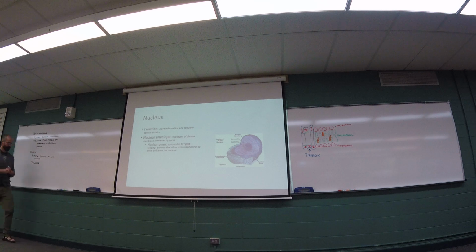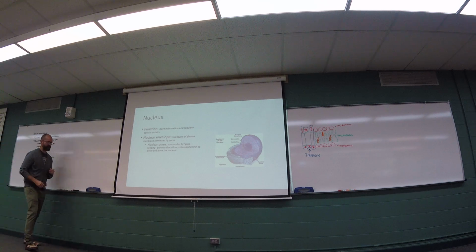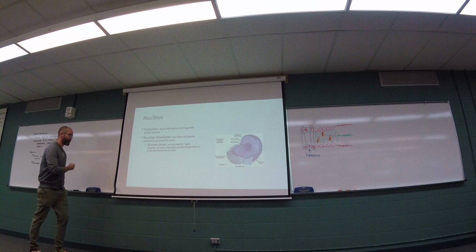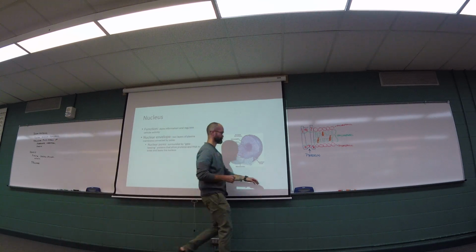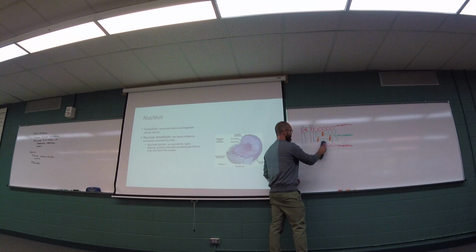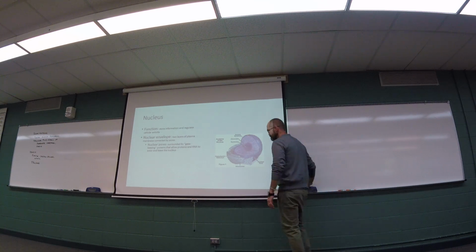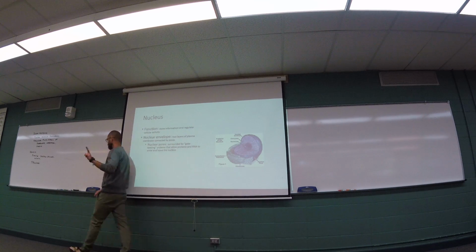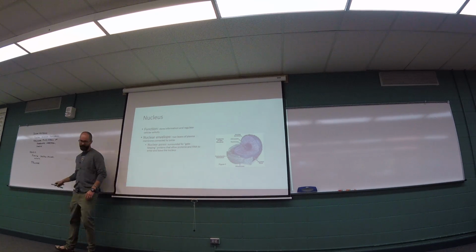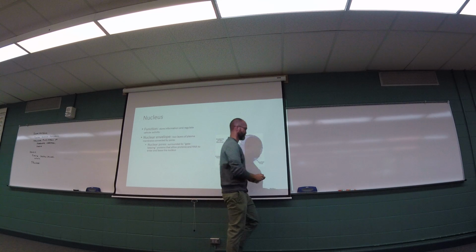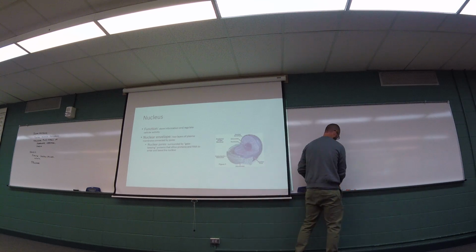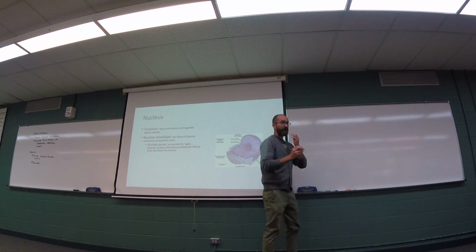So the nucleus consists of, I think I'm going to draw it over here. The nucleus consists of 2 layers of plasma membrane. So that would look like this, right?